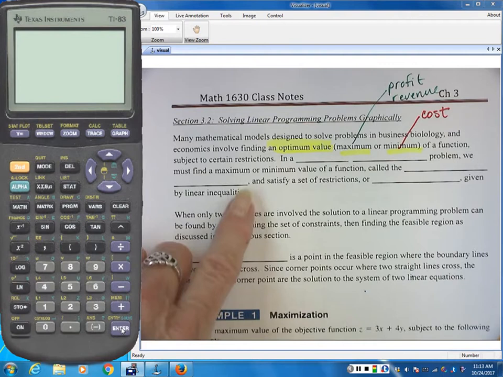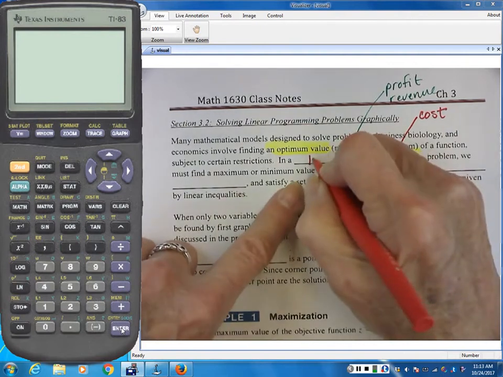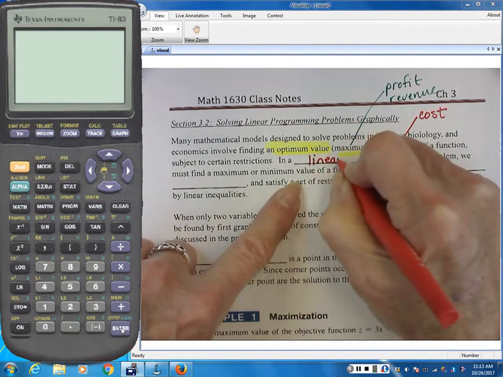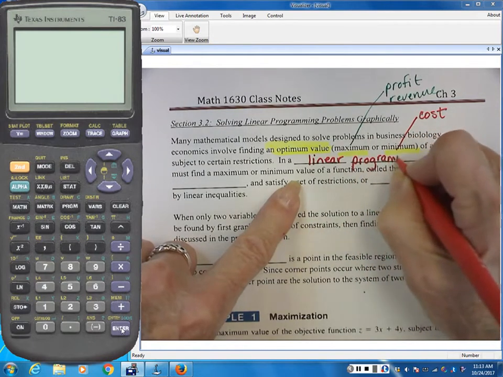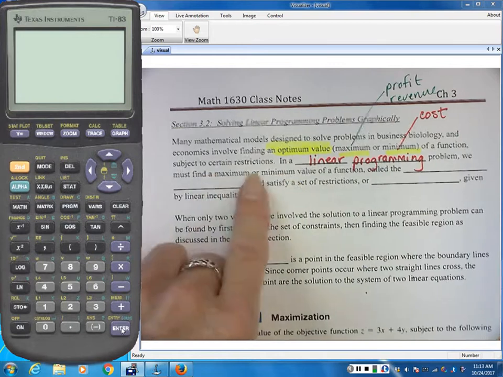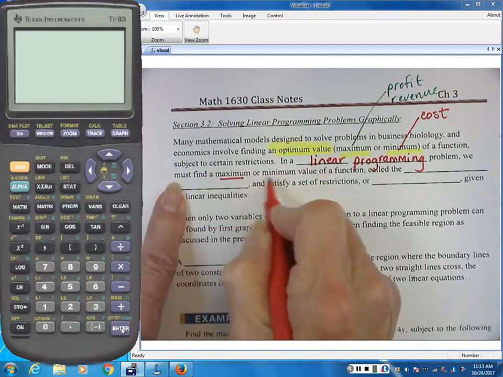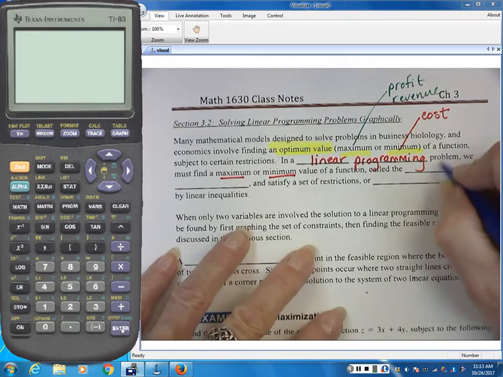So in a linear programming problem, and that's what we're working on here, we have to find a maximum or a minimum value of a function, and the name of that function is the objective function.